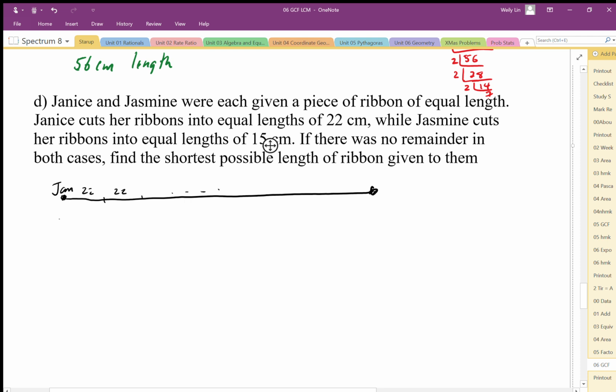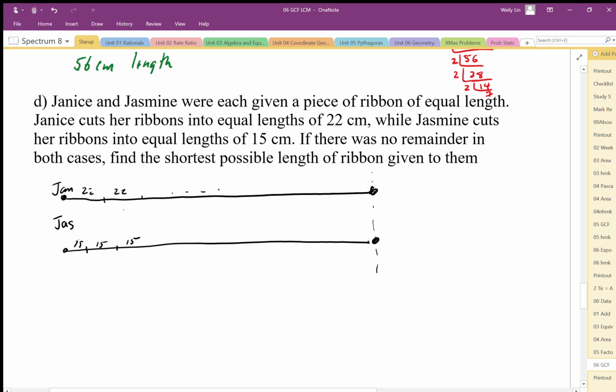Jasmine has the exact same length of ribbon, but cuts hers into shorter pieces, 15, 15, 15. There's no remainder, so they cut all the way to the end and both end up at the exact same length.